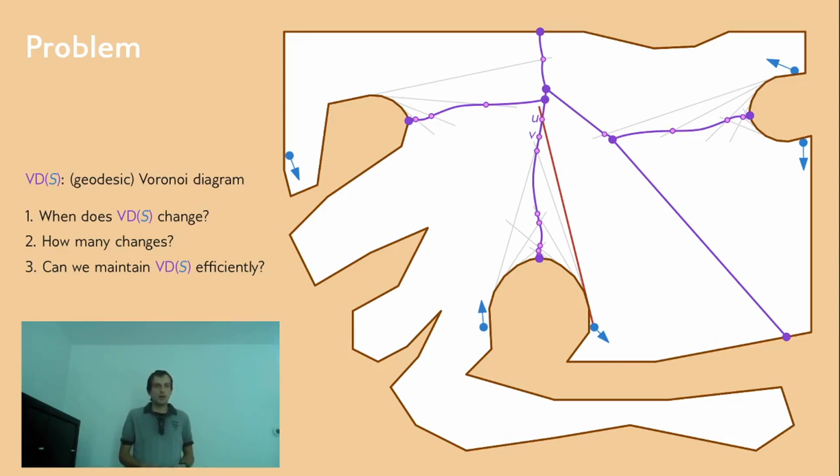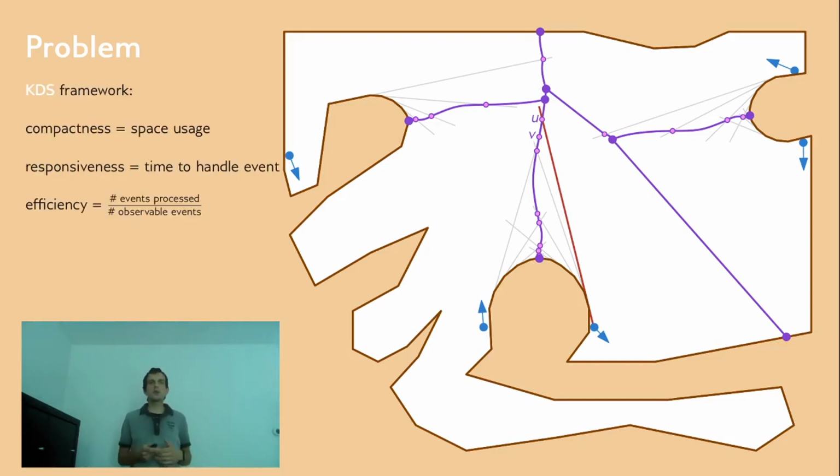Okay, so when we say that we want to maintain the diagram efficiently, what does that mean exactly? We'll use the kinetic data structures framework, which tells us that there are 3 things you might want to care about. One is compactness, which says how much space my data structure uses at most.